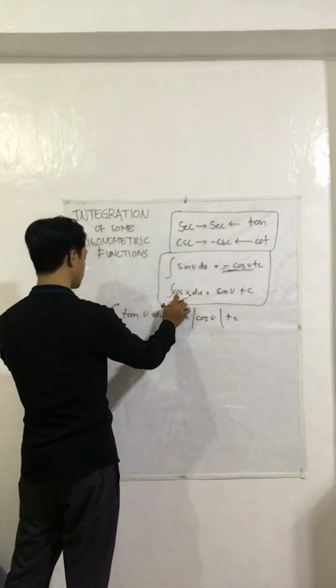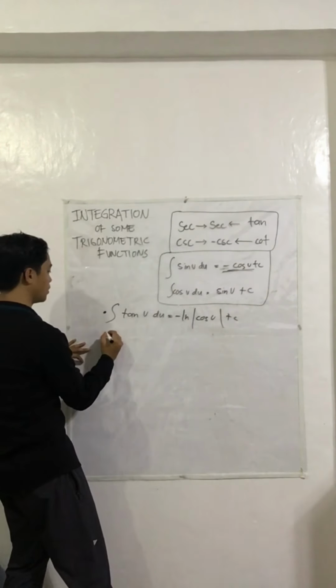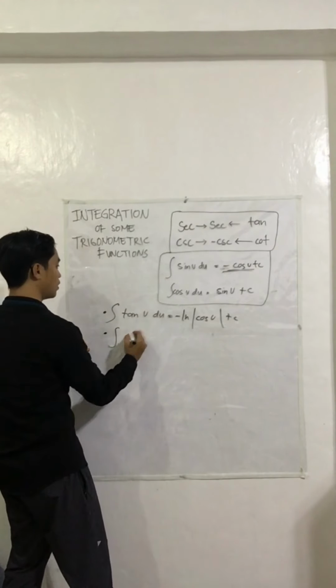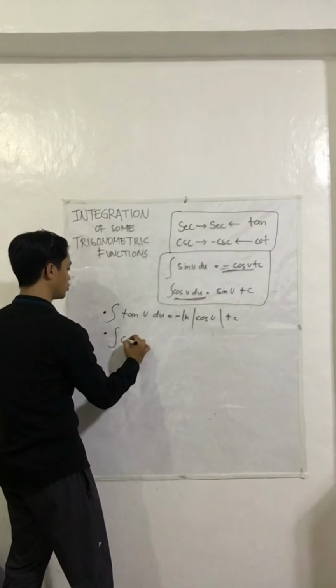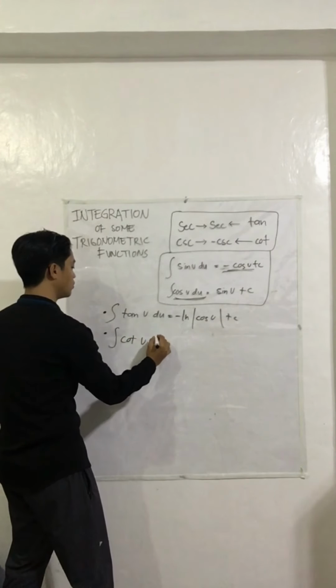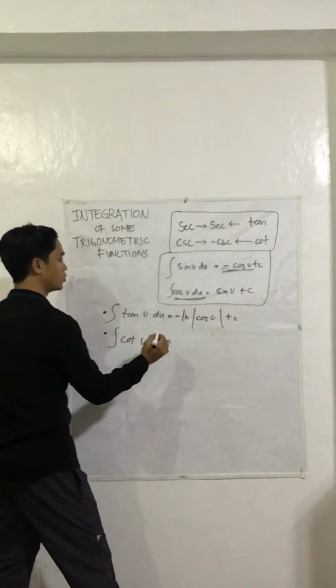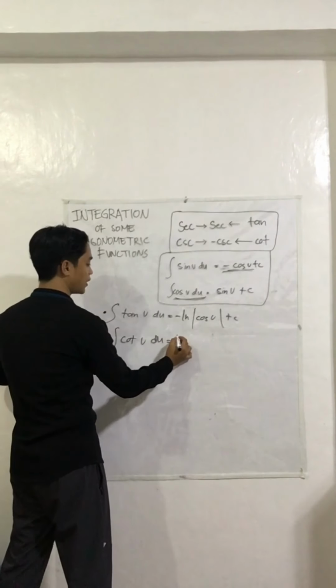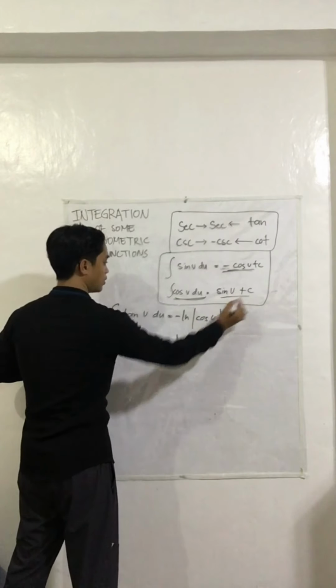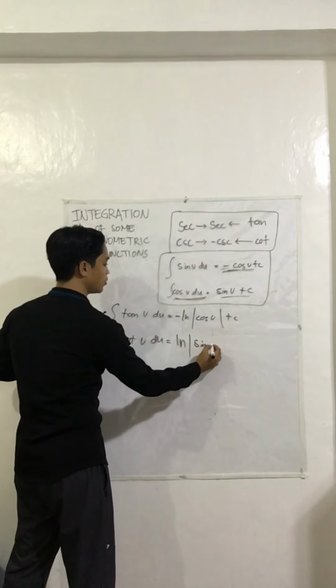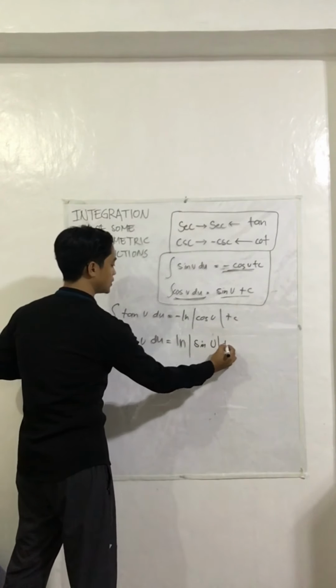And parehas lang din dito sa pangalawa. So, to get the cosine u du, magiging cotangent u du is equal to adding a natural logarithm sine u plus c.